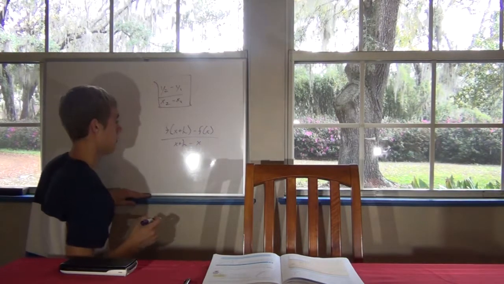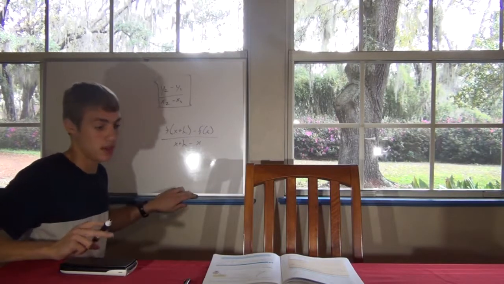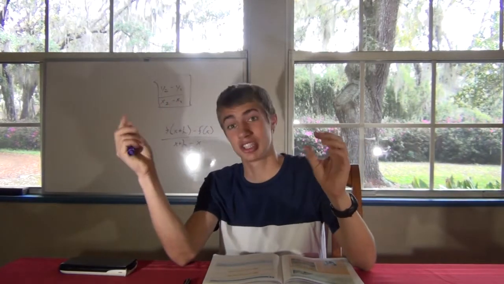x2 minus x1. Now, what's the last thing we have to do? So we're going to flip back in our book right here, like, whoosh, because we cool. Okay, look back. What did we just learn? Limits. So, if we're trying to express, saying, as the distance between your first point, x, and your second point, x plus h, gets smaller and smaller, then what are we saying there?